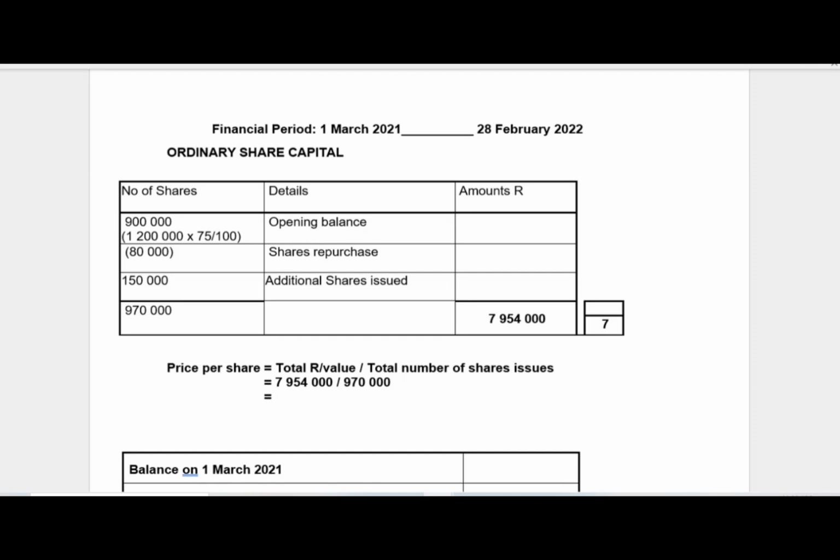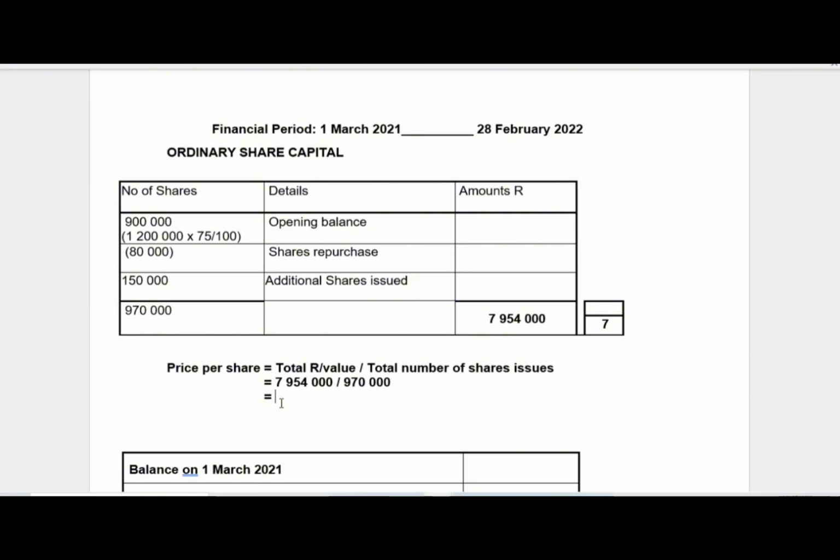Let's see. So you're going to say 7,954,000 divided by 970,000 number of shares. Remember, 7,954,000 is the rand value, right? And then how much is it there?